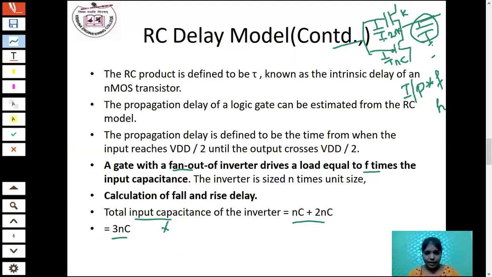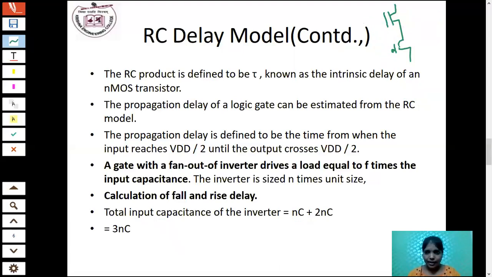I will explain with the help of an example, then you can understand it easily. A gate with fan out F inverter drives a load equal to F times the input capacitance. The output terminal is taken from the drain of the PMOS and NMOS transistor.